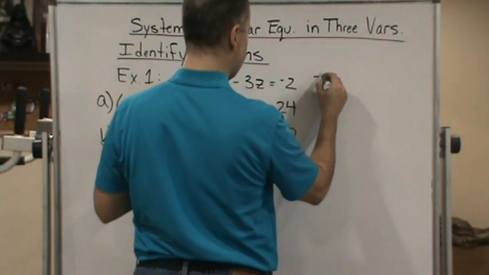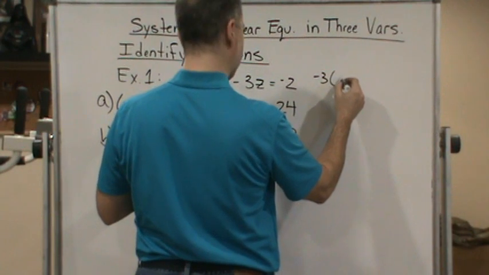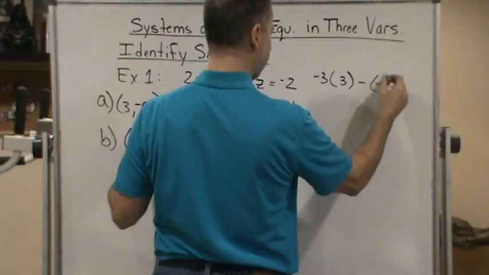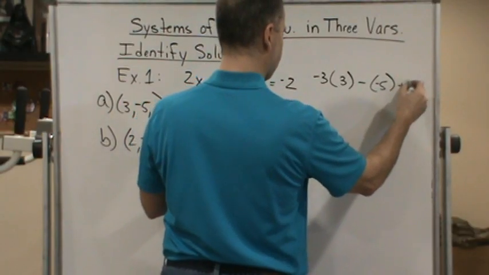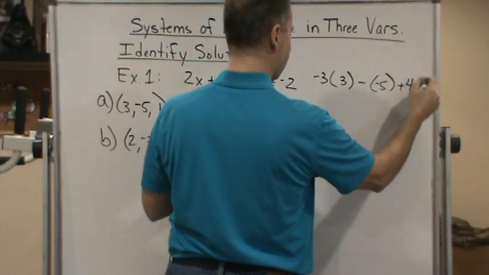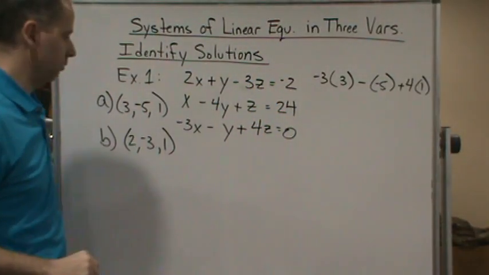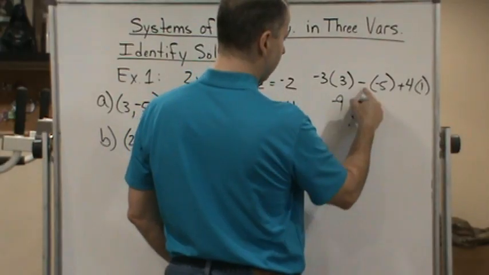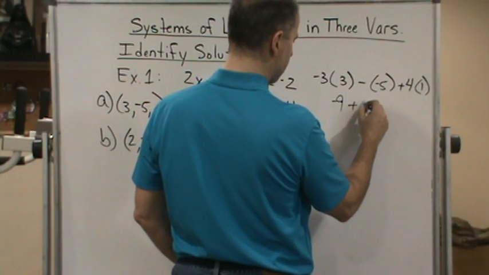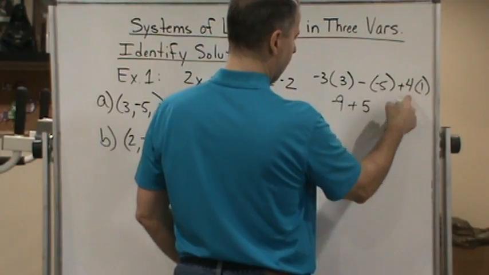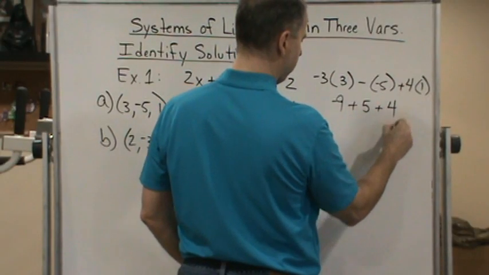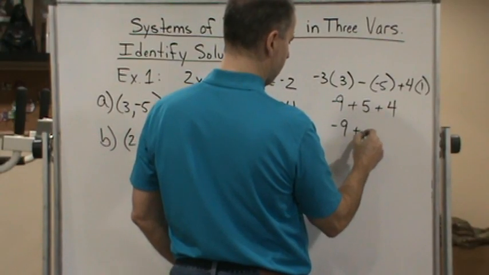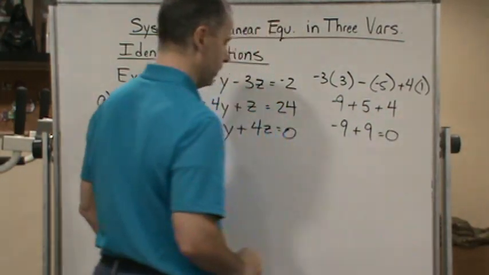So now we're going to do negative 3 times 3 minus a negative 5 plus 4 times 1, and we should get 0. Now this will give us negative 9, plus 5, and plus 4, and of course we get negative 9 plus 9, which equals 0.